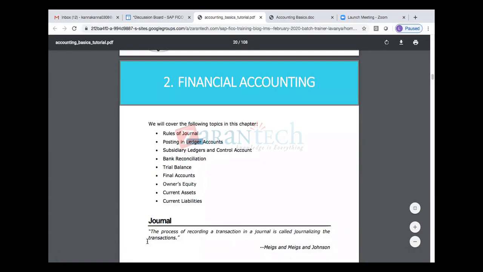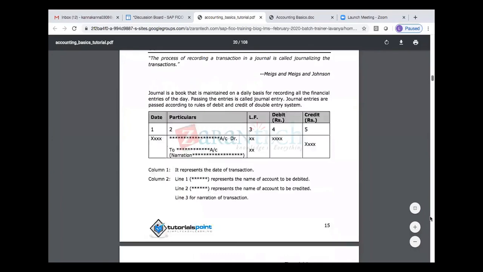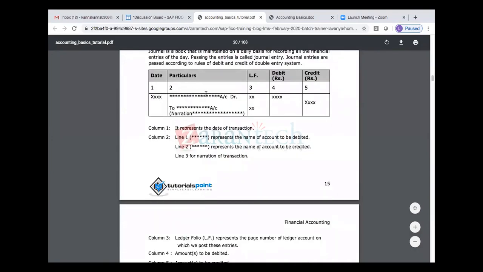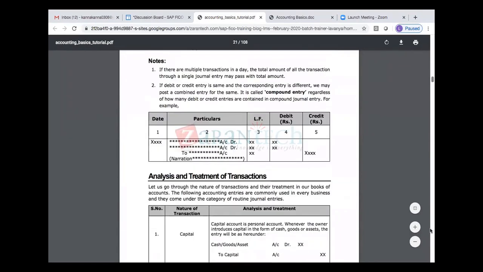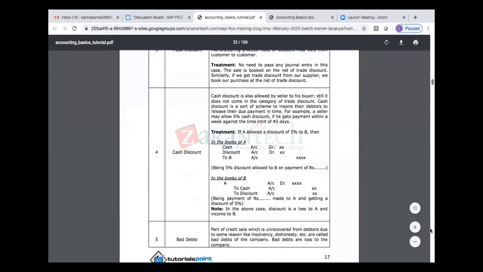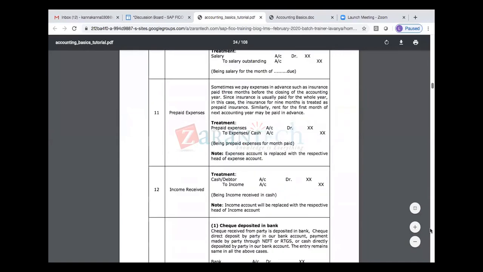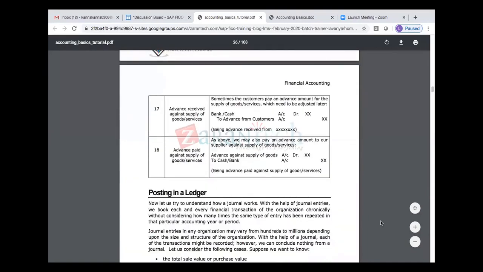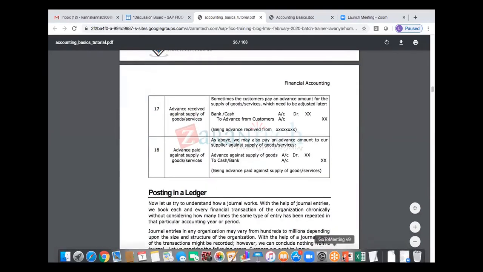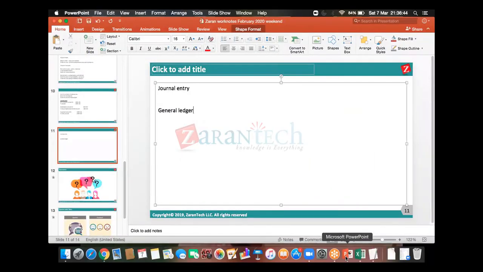The process of recording a transaction in a journal is called journalizing the transactions. This is how you write a journal, which we wrote just now. Now, what do you mean by a journal? Conventionally, suppose I have some small business.